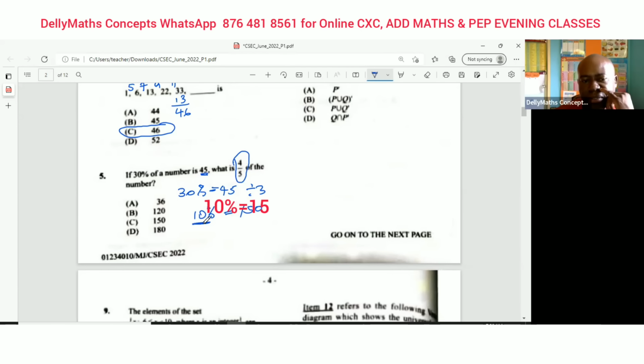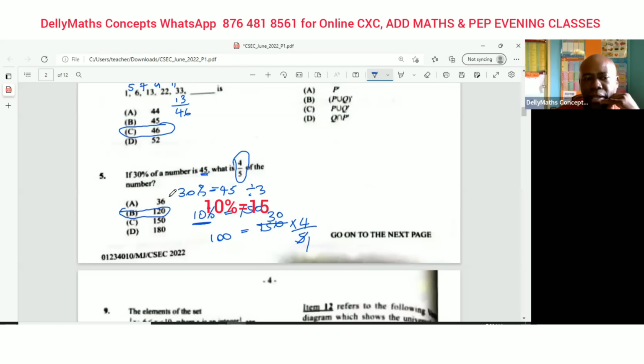So if 10% is 15, then 100% is 150. So I could take 4/5 of that. 5 into 5 goes 1, and 5 into 15 goes 3. So the answer is 30 times 4, which is 120.